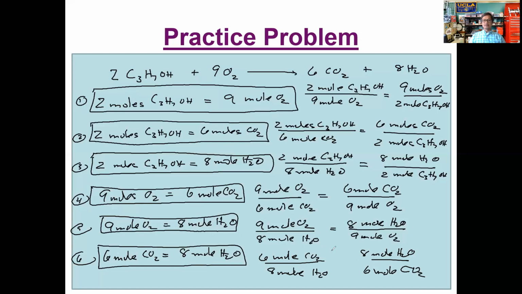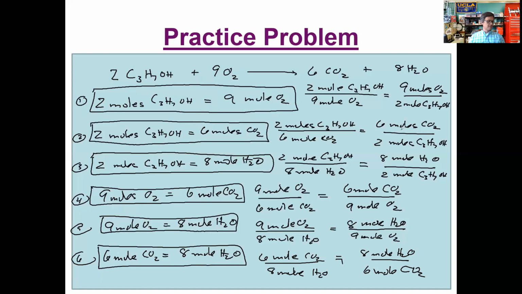And these 2 ratios will be equal because this is equal. So make sure you understand that all of these mole ratios that we've made are equal. We've set up each one of these equalities because these 2 amounts are equal. If these 2 amounts were not equal, we could not say that these ratios are equal.